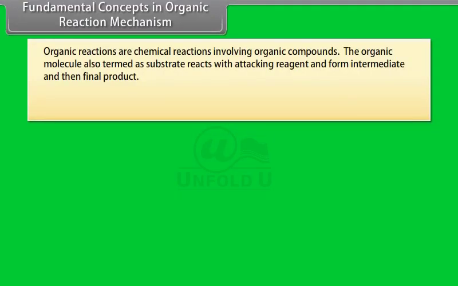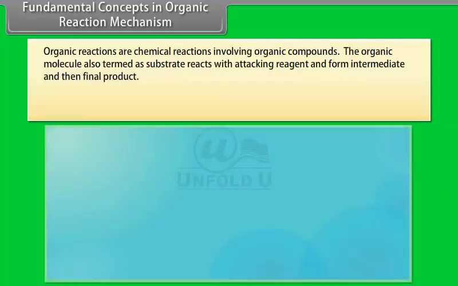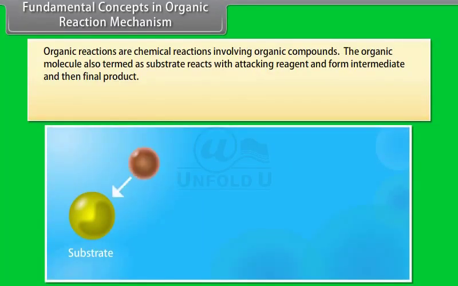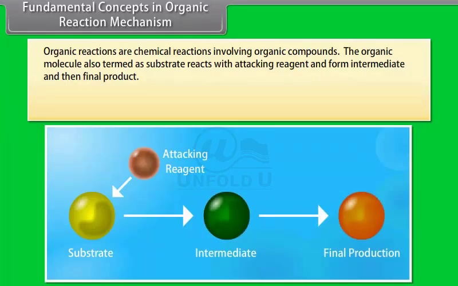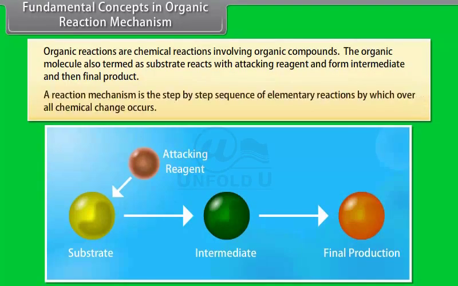Organic reactions are chemical reactions involving organic compounds. The organic molecule is also termed as substrate, reacts with attacking reagent and forms intermediate and then the final product. A reaction mechanism is the step-by-step sequence of elementary reactions by which overall chemical change occurs.